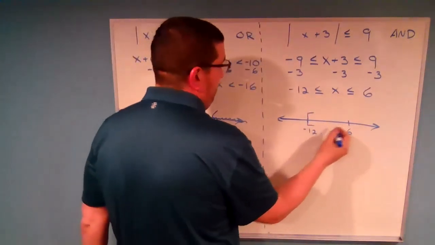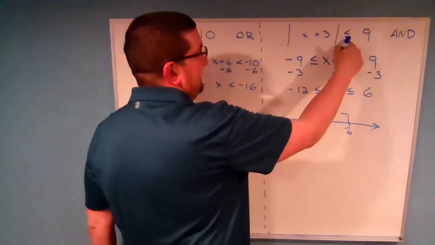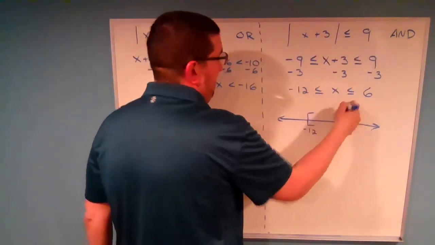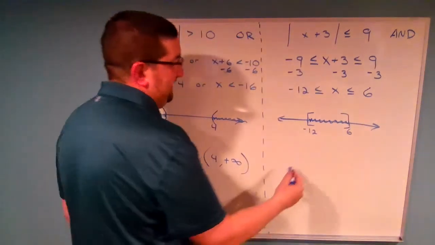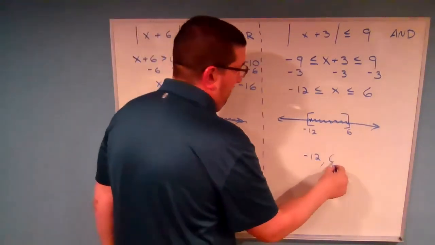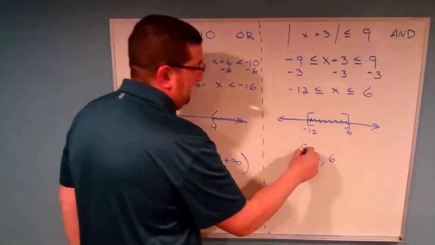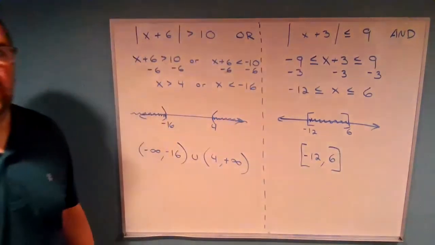And we know that we're going to be shading in the middle. I'm putting brackets because this is less than or equal to, and we're shading in between this. To represent this in interval notation, our lowest number would be negative 12, our highest number would be 6, and they would have brackets because those are included.